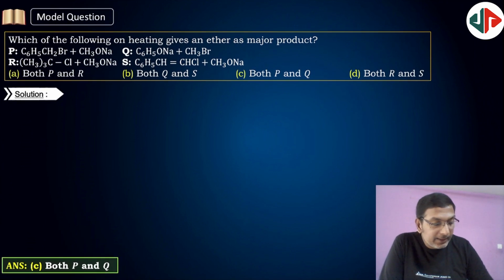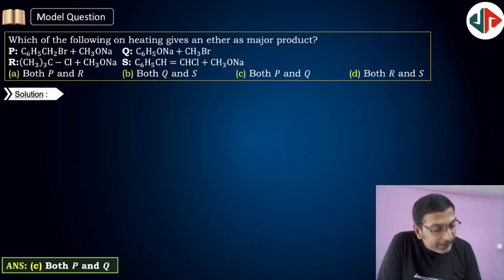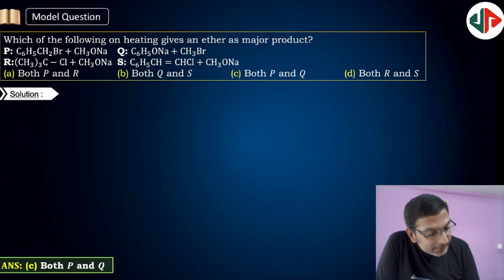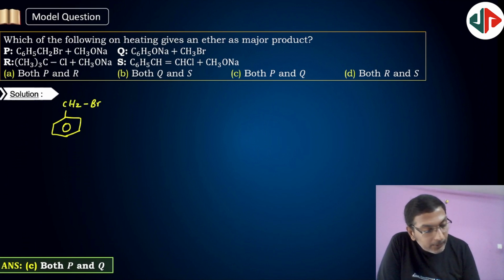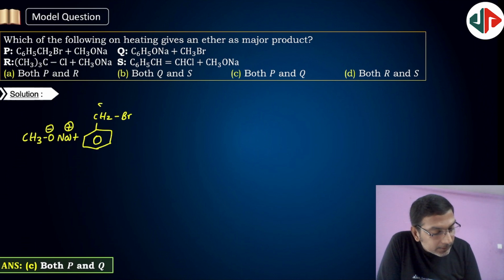Which of the following on heating gives ether as the main product? First I am taking benzyl bromide plus CH3O- Na+. Here there is delta plus and delta minus.